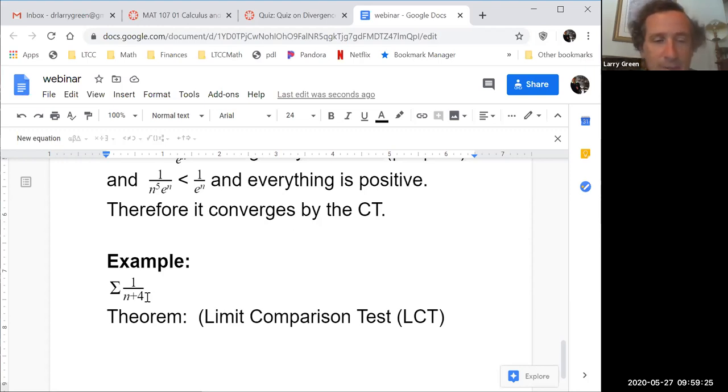And that's what this limit comparison test is going to do: if the limits are the same, then we're going to be in good shape. Now, in terms of the same, I want to use their notation.